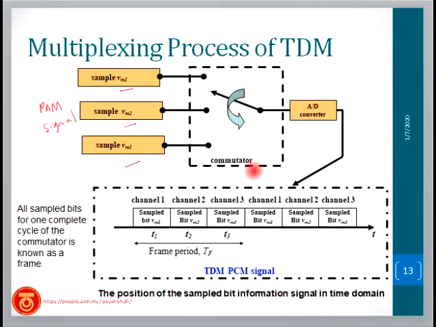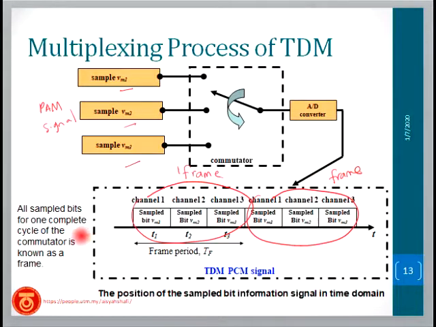Okay, in this one we have VM1, VM2 and VM3, and these three samples will be in the same frame. So this one is one frame, and this one is another frame.